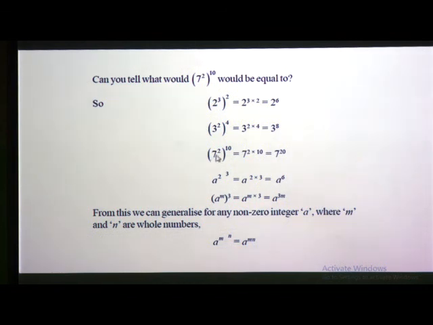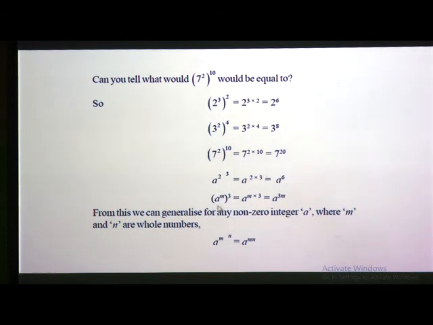And 7 to the power 2 to the power 10 is again the product of these powers, which is 20. And here a squared raised to 3 is again the product of these powers, a to the power 6.